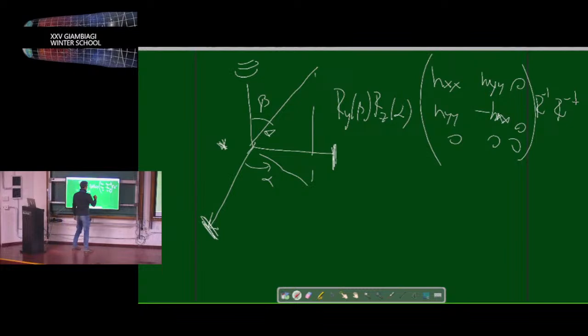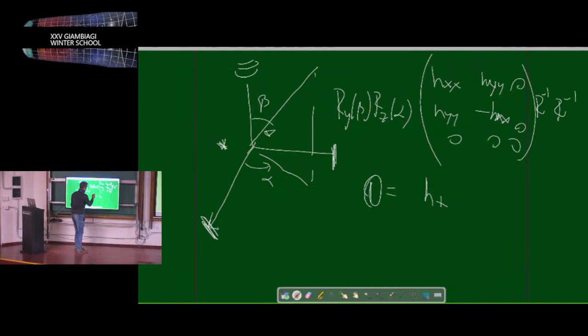And what happens is that the output of the detector that we have computed was proportional to hxx, say, because hyy was minus hxx, so that h0 that we wrote was actually hxx, or we better call it h plus. So when the wave is coming exactly from the z direction, it is only proportional to h plus.